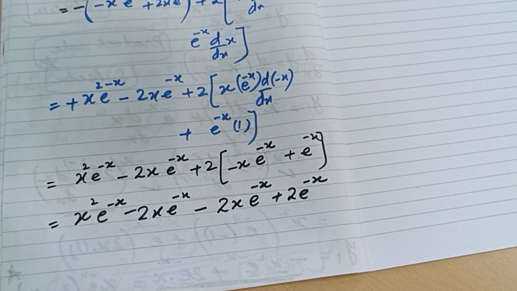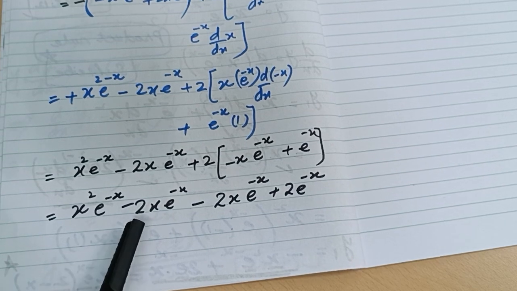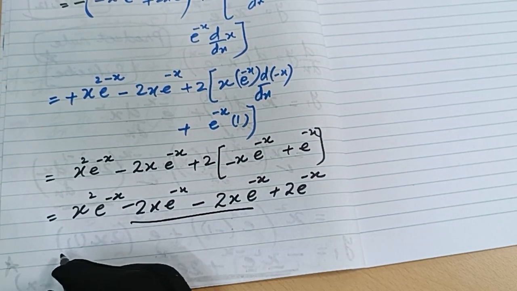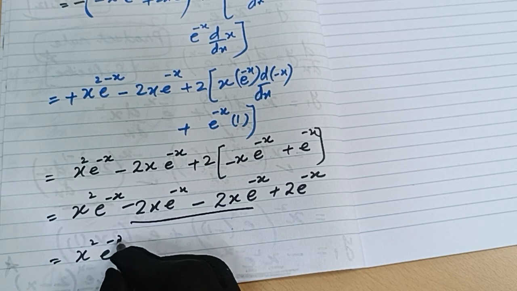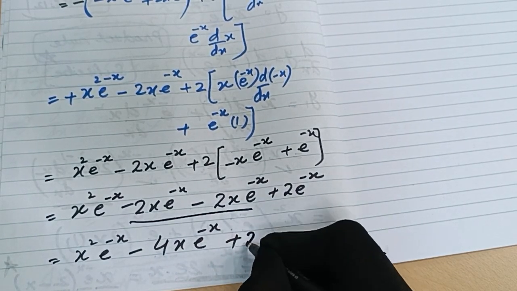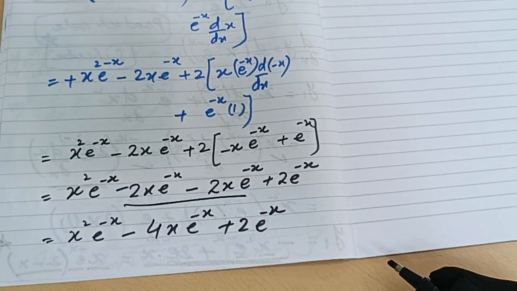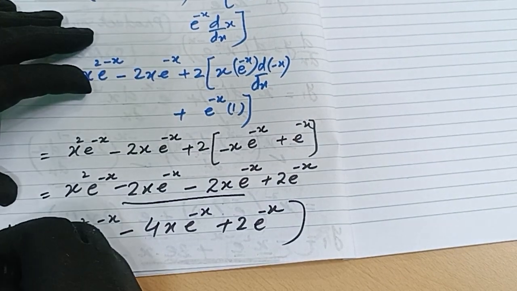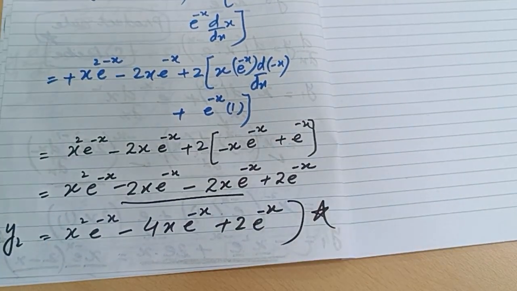Here what can happen now? Minus 2x e power minus x and minus 2x e power minus x can be added up together. X square e power minus x and minus 4x e power minus x plus 2 e power minus x. Okay, so this could be your final answer for the second derivative.